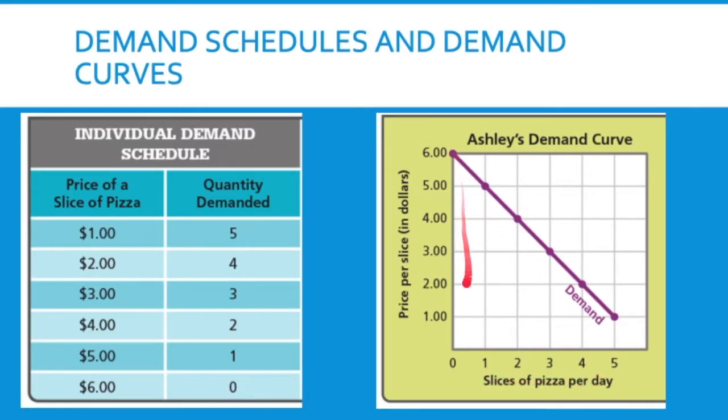So at $6, we have zero quantity. At $5, you're willing to buy one piece of pizza. At $4, you're willing to buy 2 pieces of pizza, which shows again over here, and so on as you go down. We have a downward sloping to the right demand curve.